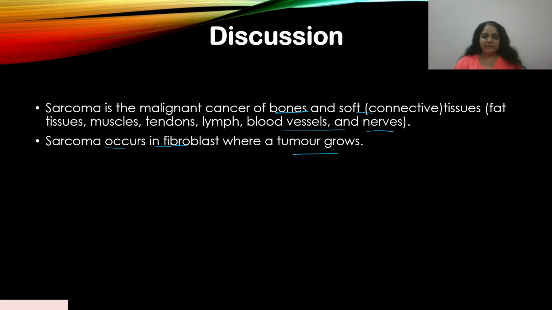Understood? This was again straightforward. I would suggest you note down the difference between carcinoma and sarcoma, because if they ever ask you, you know the answer directly. It's a pretty direct question, but you just need to know the fact. That's all. Alright, so let's move on.